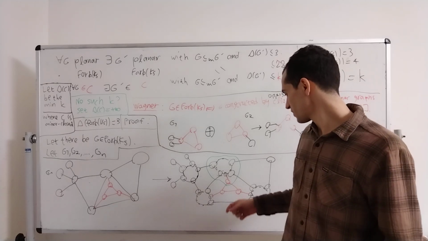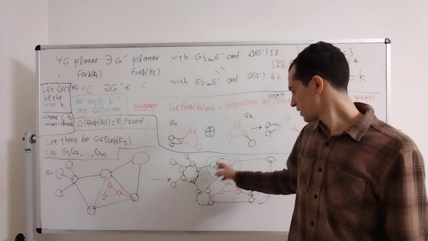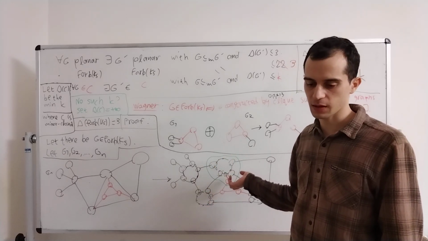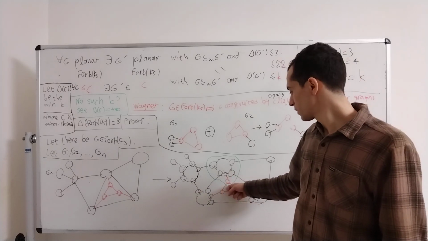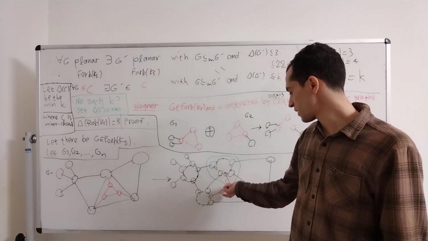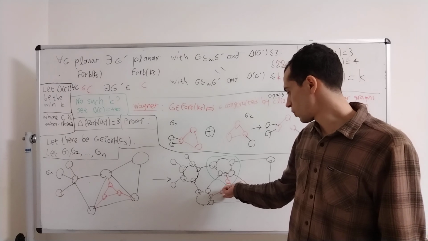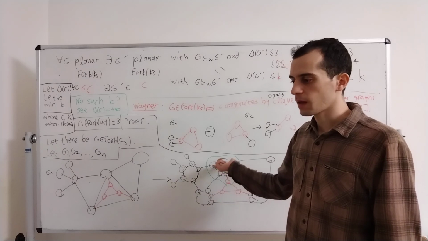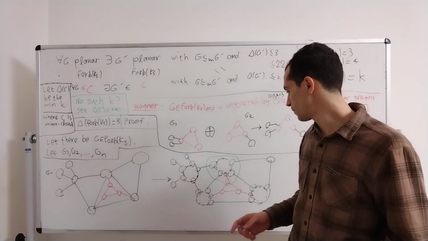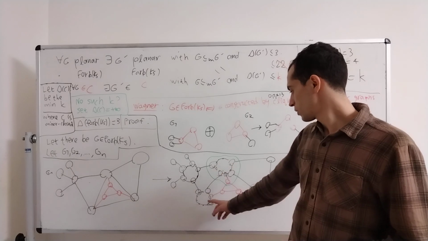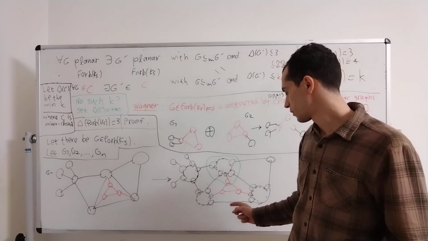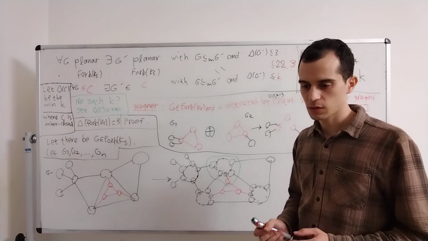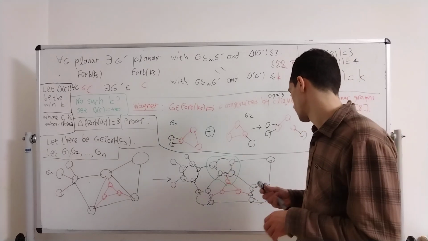This trio of circles will become a triangle again, and since we will have click-summed G2, let's say, on this triangle, after the contractions it will be click-summed on the original triangle that the trio of circles represents.